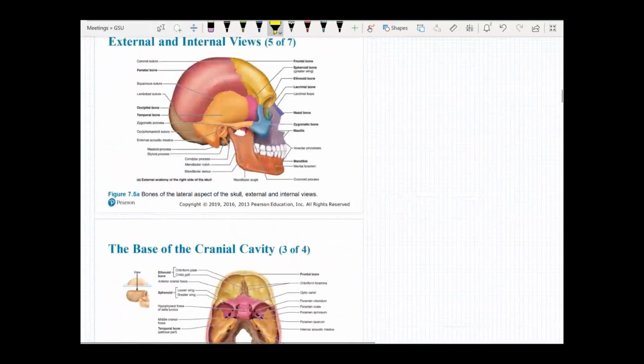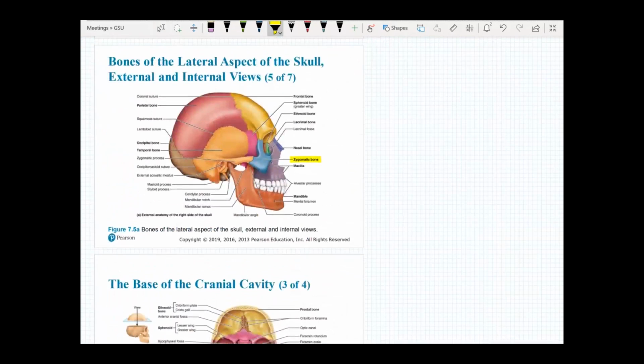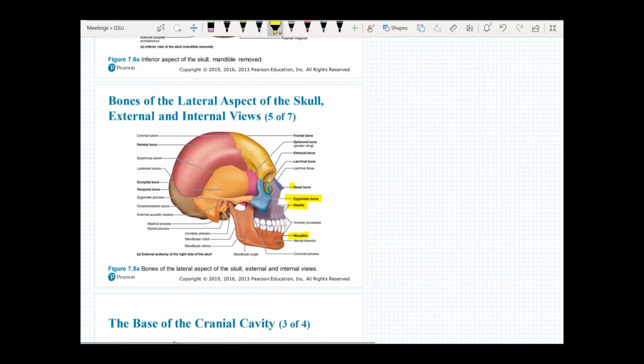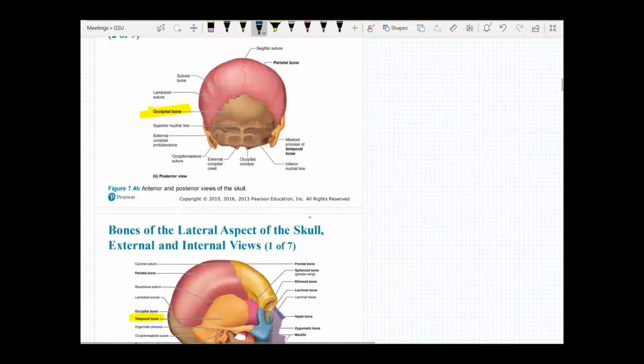Coming up here, you can look at your zygomatic bone, which is this one right here. There's your mandible. Your maxillary, on this side you can only see the one. So zygomatic, maxillary, and nasal bone are all going to be times 2. Remember, that means there's a right and a left.